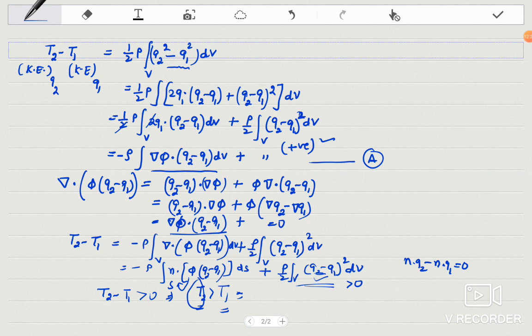T2 greater than T1 implies the kinetic energy corresponding to irrotational motion is minimum, subject to the condition that we have a prescribed value of velocity at the boundary. So this is all about Kelvin's minimum energy theorem. Thank you so much.